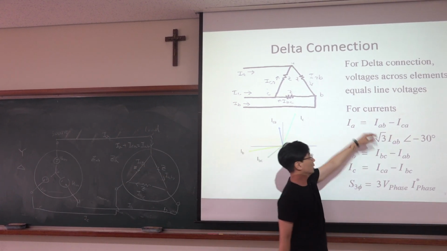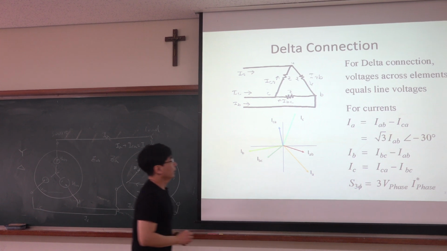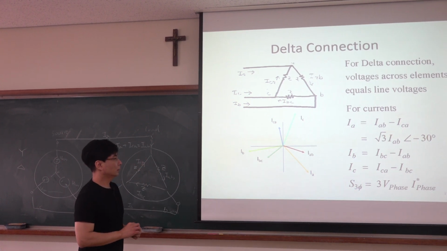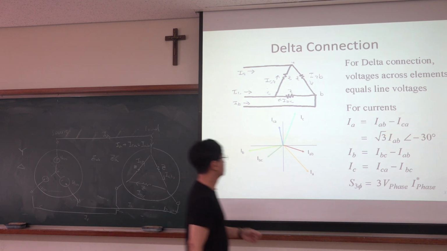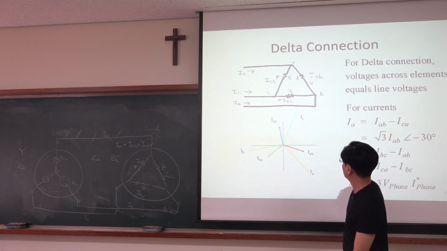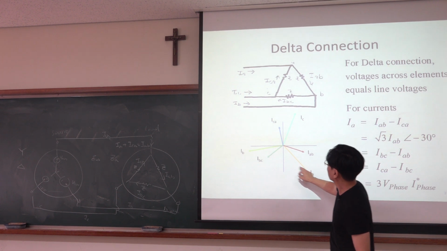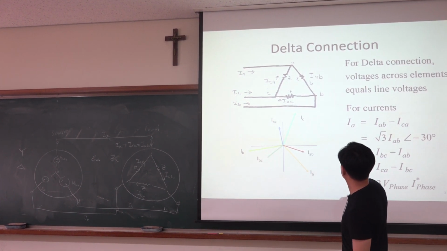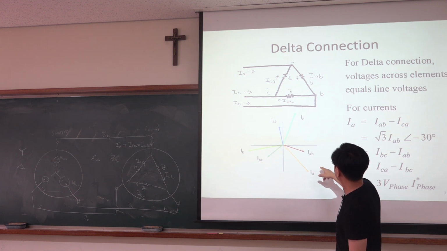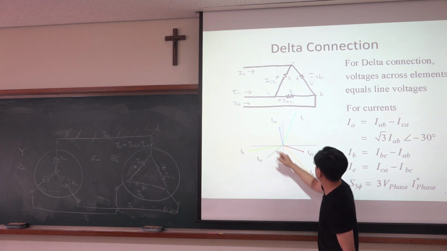So we have this one: IA, IB, IC in terms of IAB, IBC, ICA.